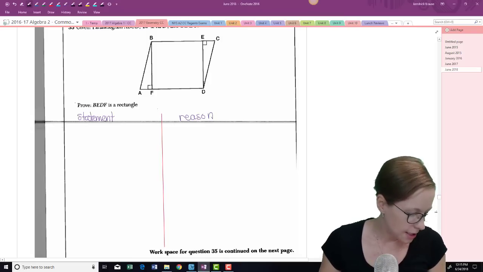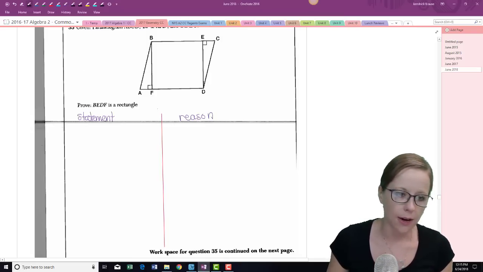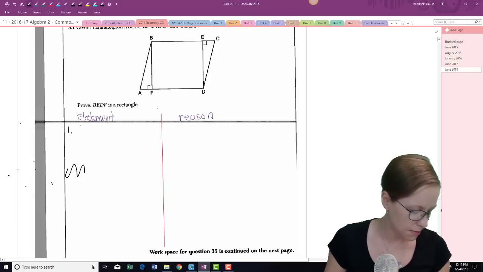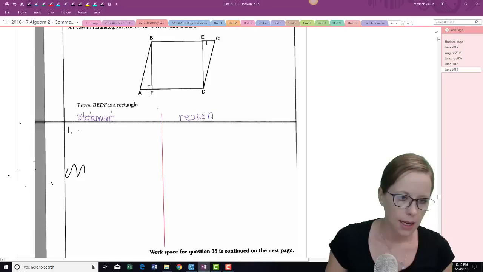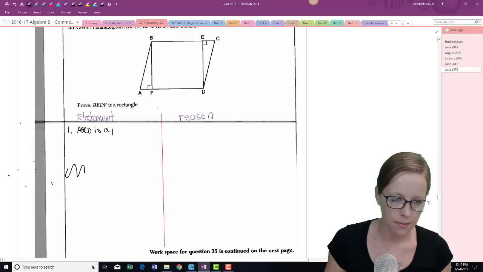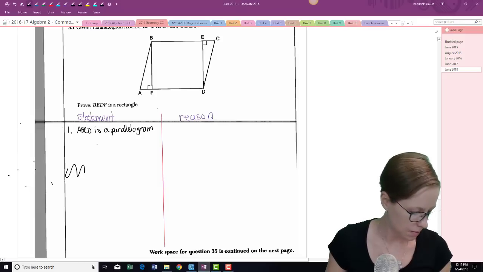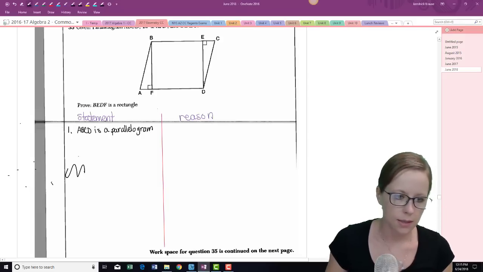Oh, first thing to tell us is that ABCD is a parallelogram. So, 1. ABCD is a parallelogram. Let's see, what else do they give me?